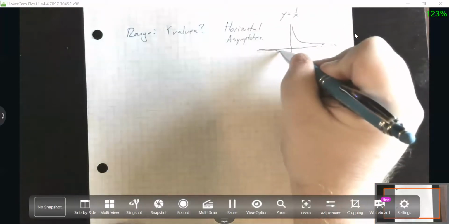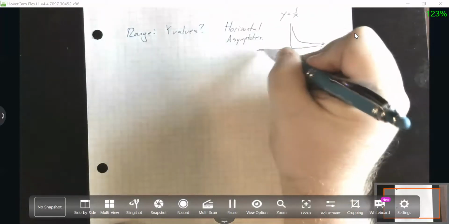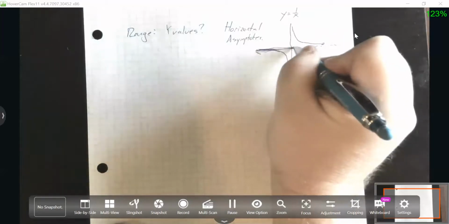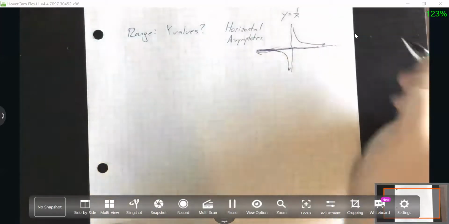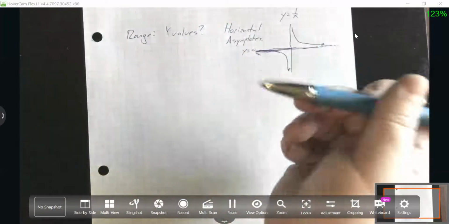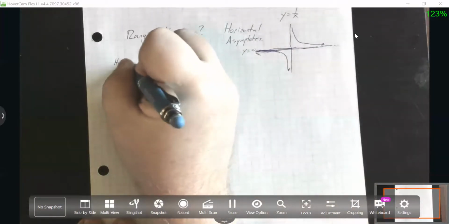Over here, it would do something like this. And again, it never makes it up to that top. So here's our problem: we had a horizontal asymptote of y equals 0 in this case. It just didn't work, so that has to be part of our range. We need to know, is there a horizontal asymptote or not?